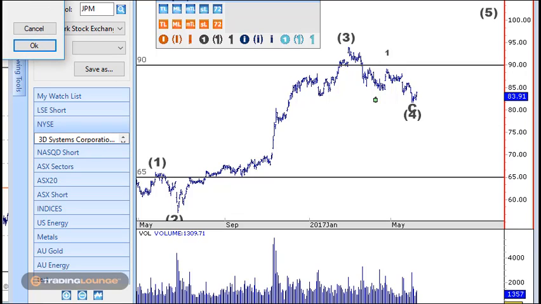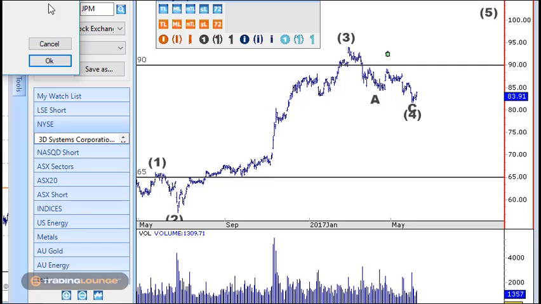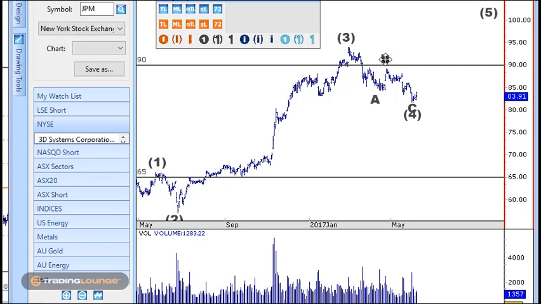I just need to talk about this a little because, as I mentioned, it is a nice structure. We've got 1, 2, 3, 4, 5 here, and then an A, B, C for the B wave, and then 1, 2, 3, 4, 5 here.